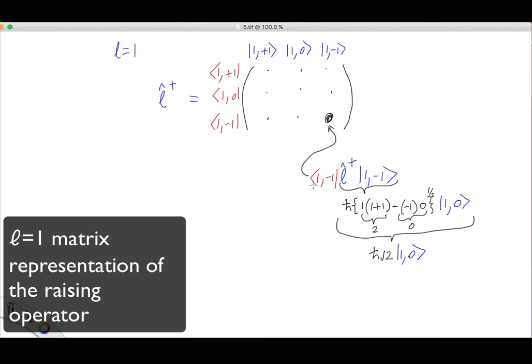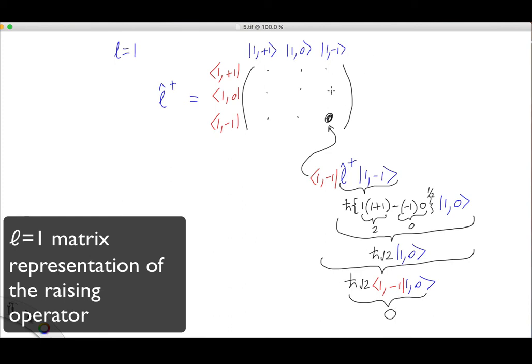And now I have to take the bracket with the bra state, which is 1, -1, so the whole term becomes h bar root 2, and now the bracket of 1, -1 with 1, 0. But the orthogonality rule means that since these two states are different, the bracket between them is 0. So the matrix element of L plus in the bottom right hand corner simply evaluates to 0.